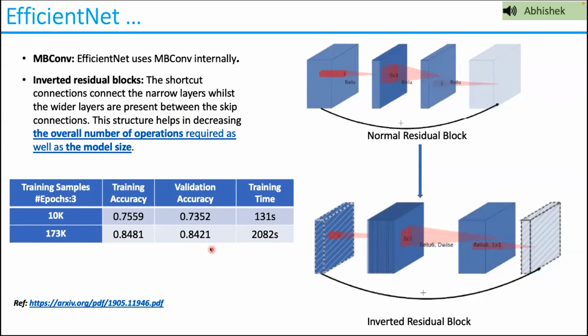They feed very few feature maps, and internally they scale them out, and then they use depthwise convolution, and then finally they shrink it again. They call it expand, excitation and shrink. By doing that, they are able to keep the number of parameters and model size very light. If you see the numbers also, we got very good validation accuracy.